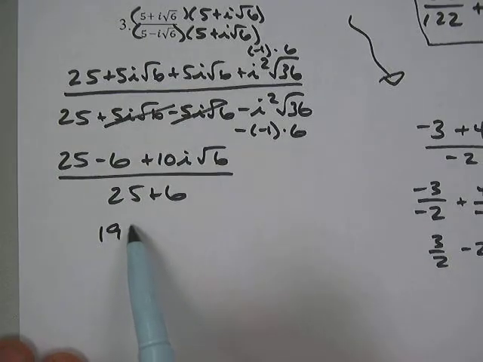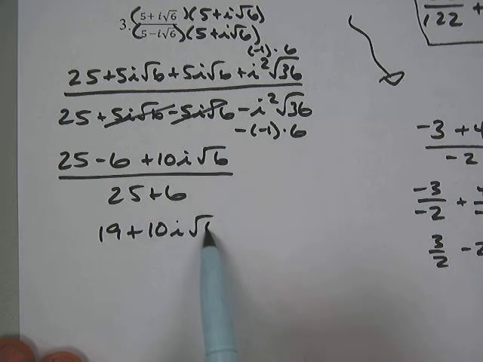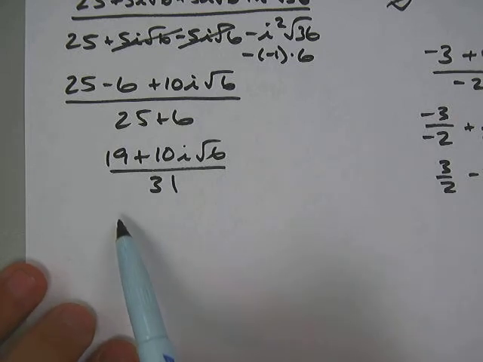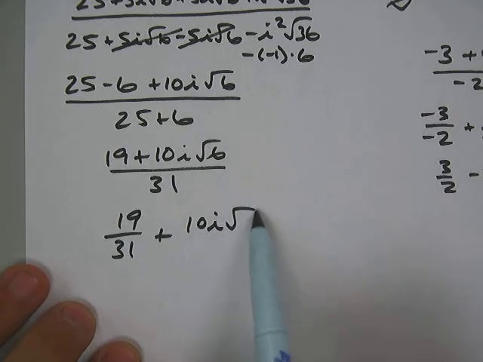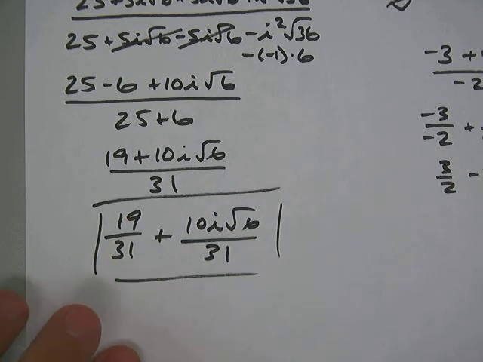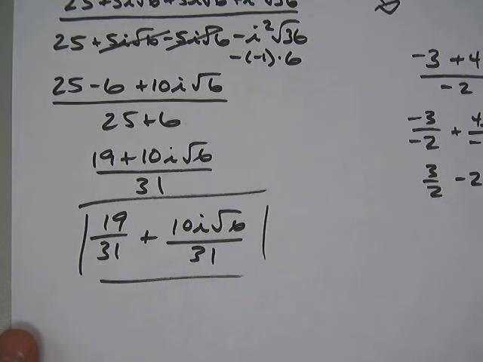So 25 plus 6. Simplifying just a little bit more, on top you get 19 plus 10i root 6. On the bottom, you get 31. Put it in a + bi form: 19 over 31 plus 10i root 6 over 31. And there you go. There is rationalizing complex numbers.